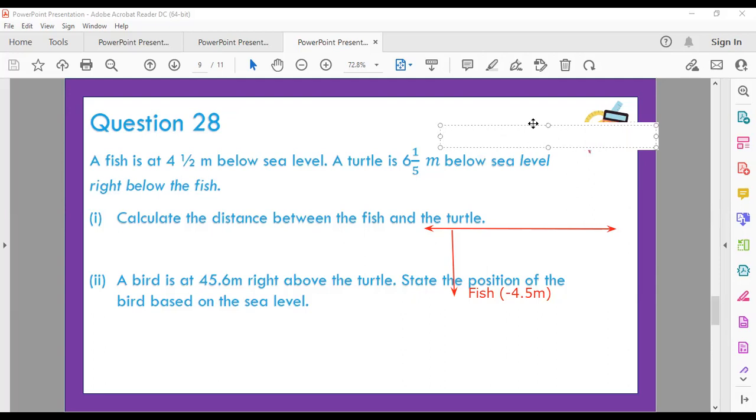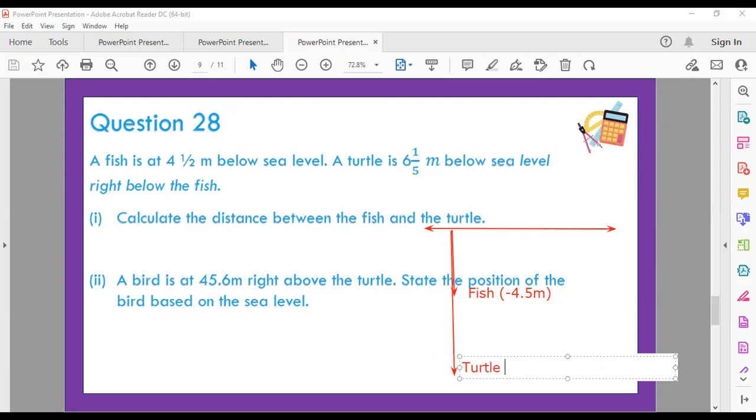So this turtle is existing right below the fish. But okay, I'm going to push it a bit. Maybe I put a different color. Okay, right below the fish. So I'm going to put it quite close. And that's our turtle. The turtle is right below the fish.